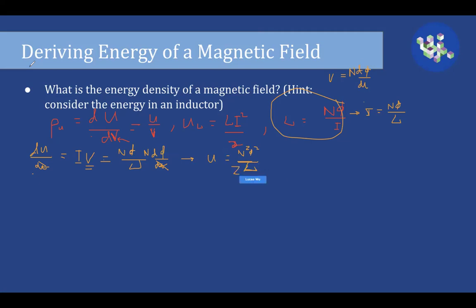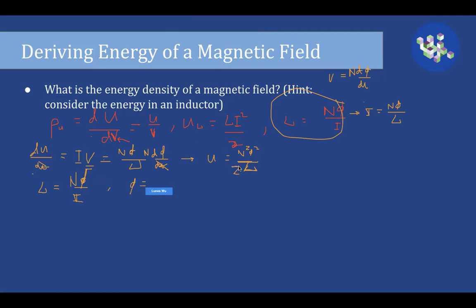And now we want to write inductance. Well, inductance L, what do we say it was? L was equal to your big N times your flux divided by I. Now we know that flux is B times the area.